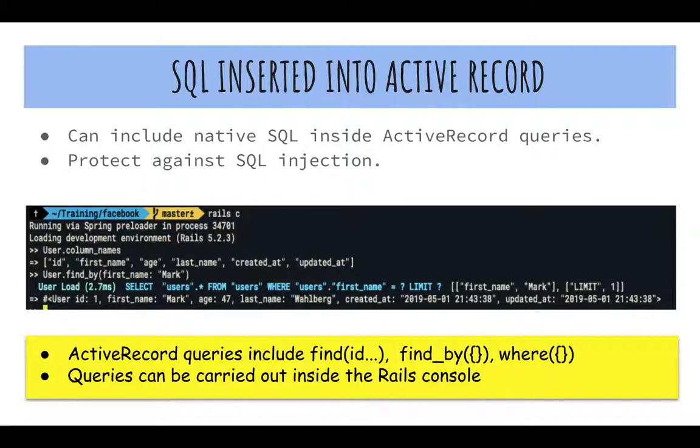So let's have a look at our database. We look at our users that we created in the last lesson, and we find by a name. So that's good. We can use find with an ID or several IDs to give several entries, or we can use find_by with a hash, and we can use where also to query our database in the console.